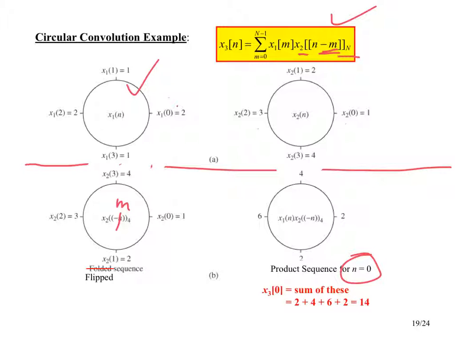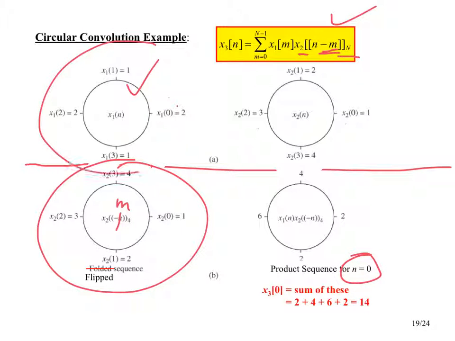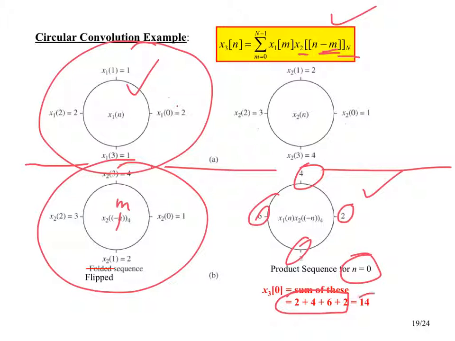This figure is from the textbook. And so for n equal to 0, that means that we don't do any shift at all. So we're going to take these numbers times these numbers, and when we do that, we get these, and then we're going to add them all up. So we get a 2, a 4, a 6, and a 2 added up, and we get 14.